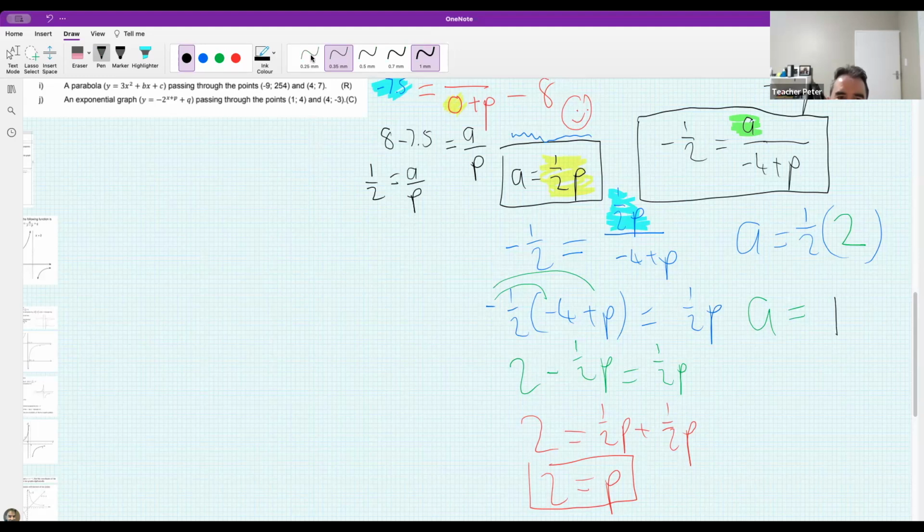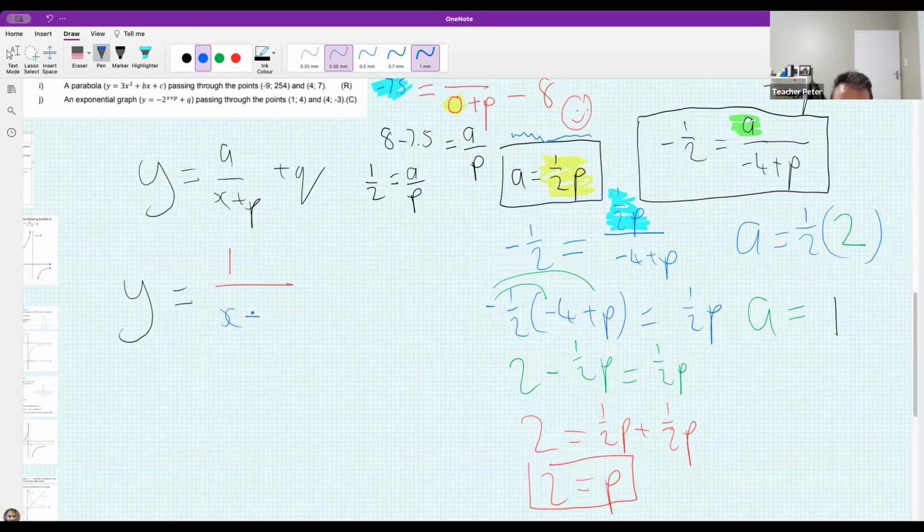A half times 2 would be 1. Yes. I know that was a bit of a journey, but let's go back to the beginning. Didn't we have to solve for the equation of the hyperbola that looked like this? So you found that a was 1. You found that x plus p, so it was x plus 2. And then what was the thing at the end?